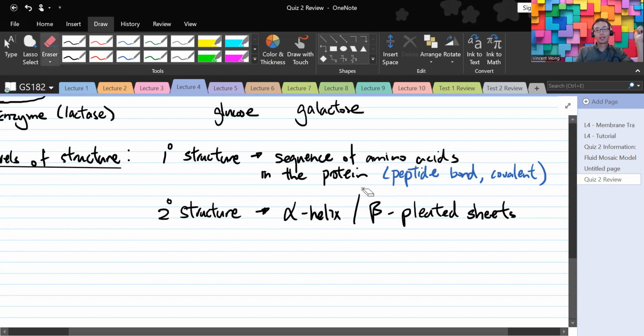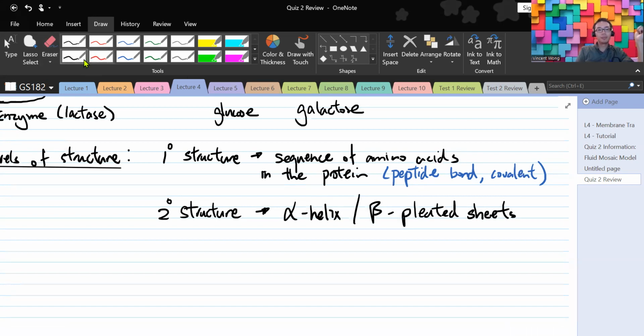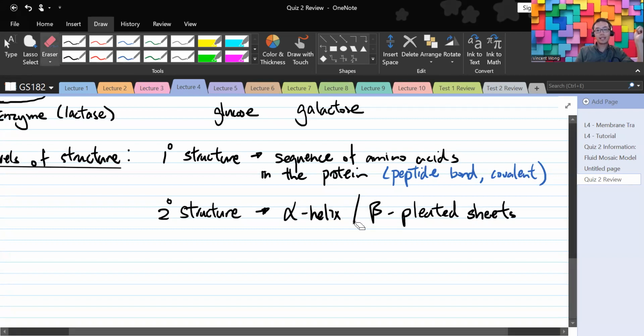The amino acids are held together by the peptide bond, whereas the alpha helix and the beta pleated sheets are supported by hydrogen bonds of the peptide backbone.